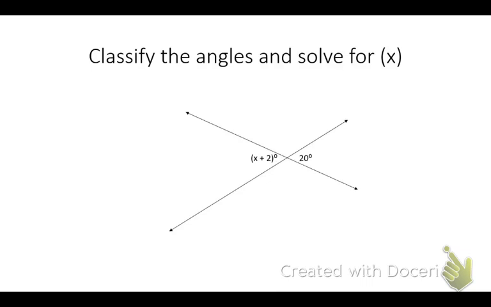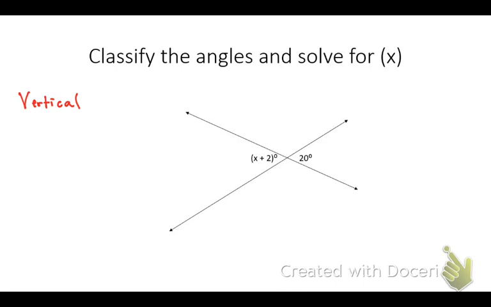Lily, what do you think? These are vertical angles. And what do I know to be true about their measurements? That they will be what? They will be the same. They'll be the same. Now, if you can do this mental math, by all means.